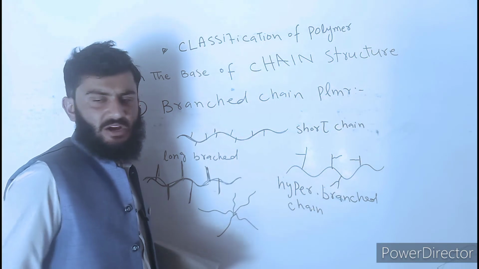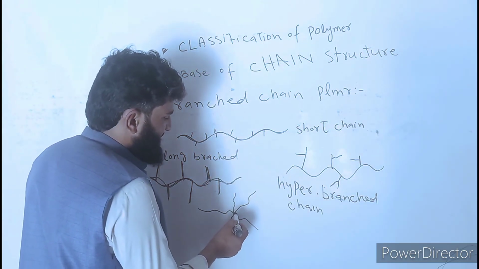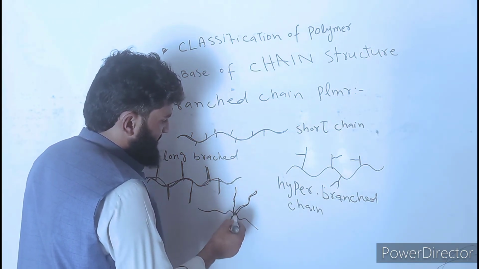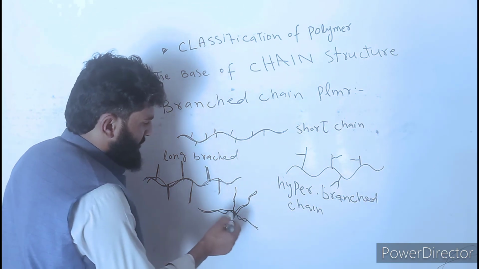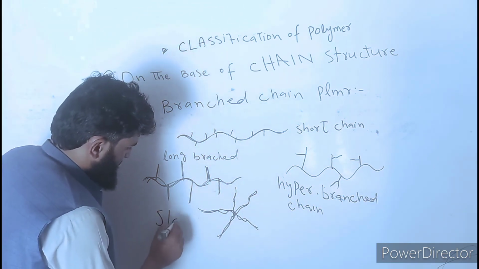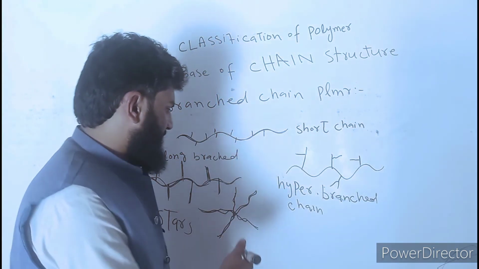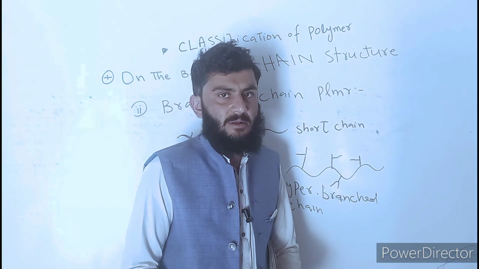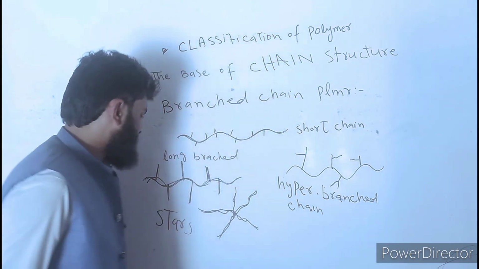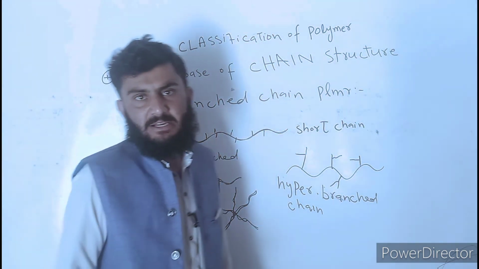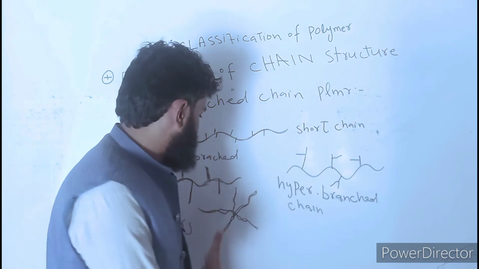And in such types you can see here is a center and there are branches around it. It is known as star branched polymer, just like a star.